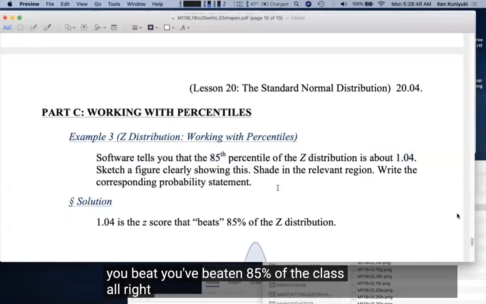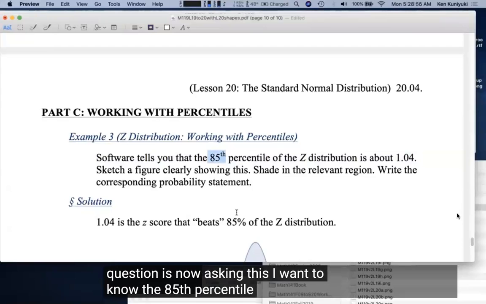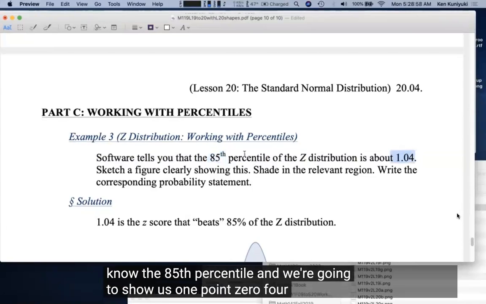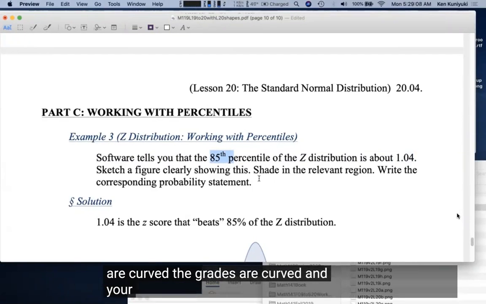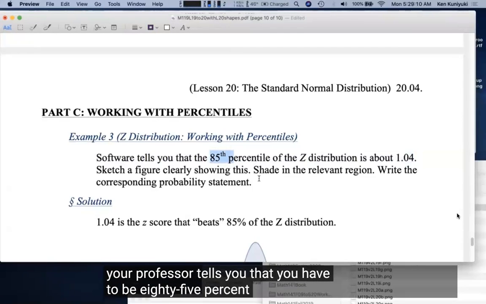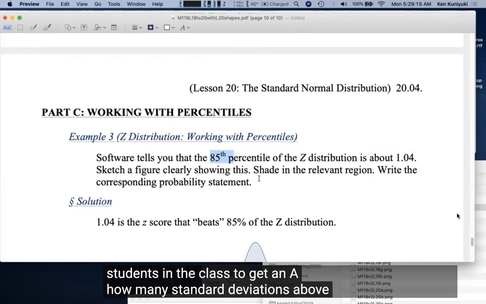All right. Well, now, that was the kind of question we asked earlier. The percentile question is now asking this. I want to know the 85th percentile, and we're going to show it's 1.04. The question here is, if you need to beat 85% of the class to get an A on this exam, let's say the grades are curved, and your professor tells you that you have to beat 85% of the students in the class to get an A. How many standard deviations above the mean?